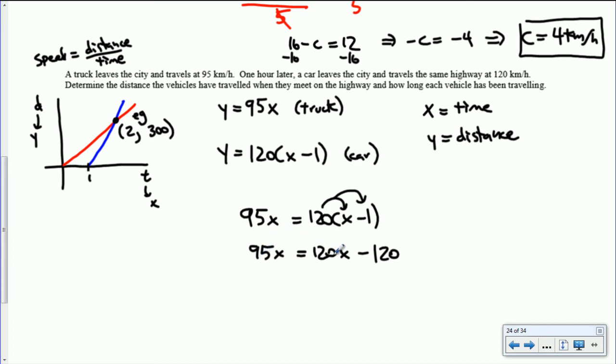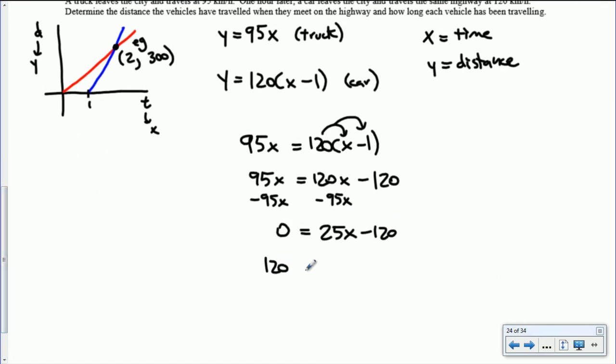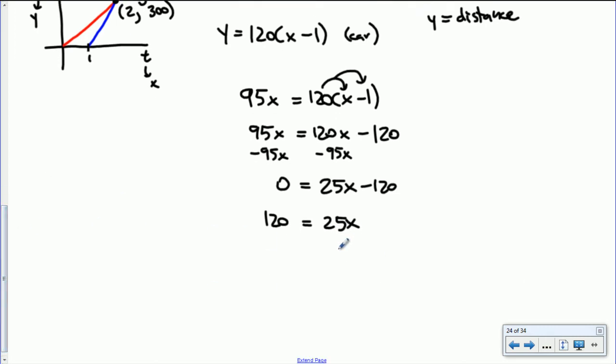I'll bring all the x's to the right side. So I'll subtract 95x from both sides. So I have 0 equals 25x minus 120. I'll add 120 to both sides, giving me that. And finally, divide both sides by 25. 120 divided by 25 is 4.8. So x is 4.8. And that would be hours.